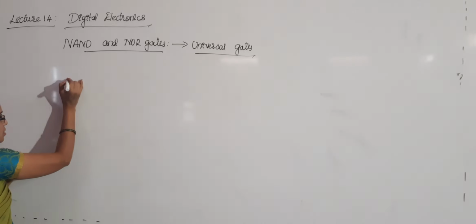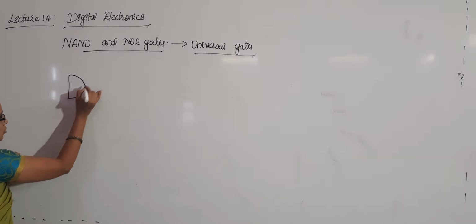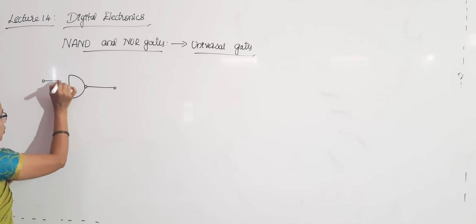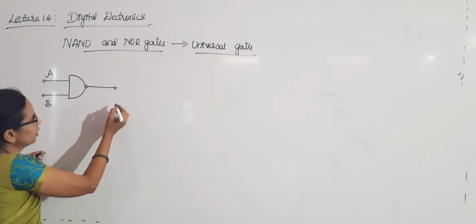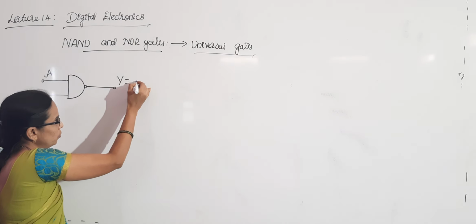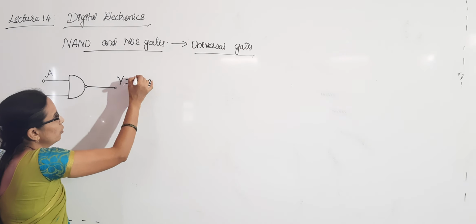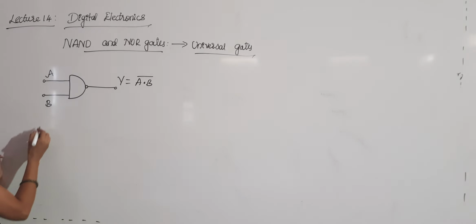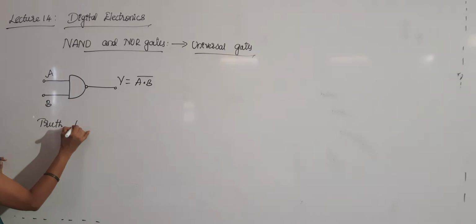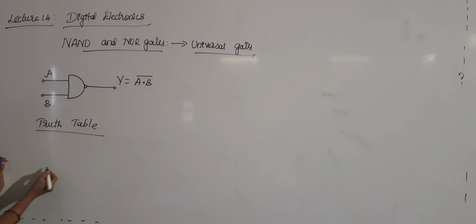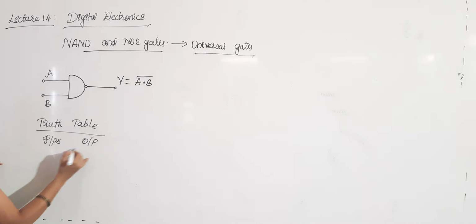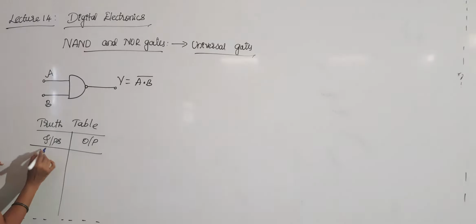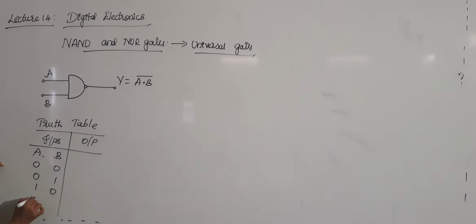NAND gate symbol is the inverter of the AND gate. If A and B are the inputs of the NAND gate, Y equals A dot B whole complement is the output. If I write the truth table of the NAND gate, with inputs and output, A and B are the inputs: 0 0, 0 1, 1 0, 1 1.